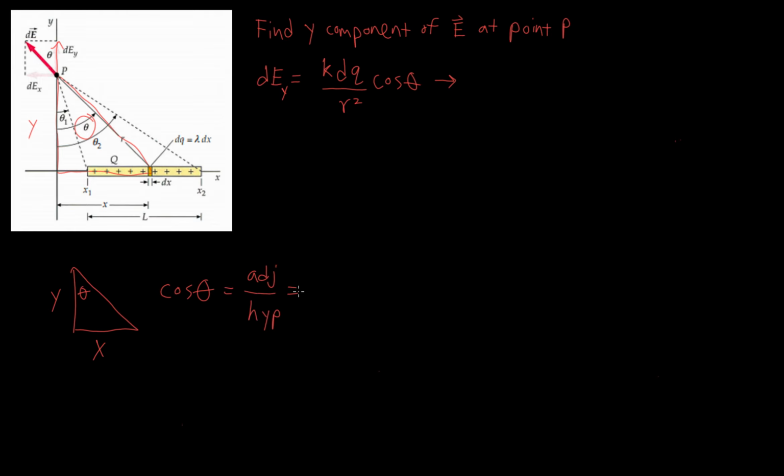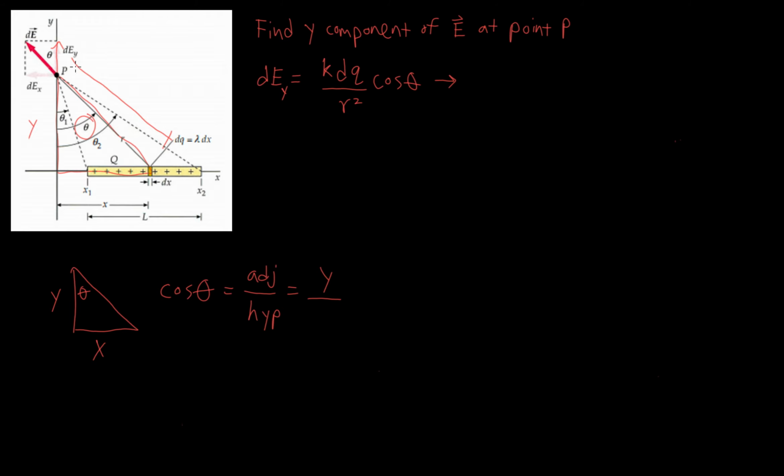And the adjacent side to the angle is just y, and the hypotenuse is just the distance from point P all the way to this small segment of the line charge dx, and that's given by the letter r.